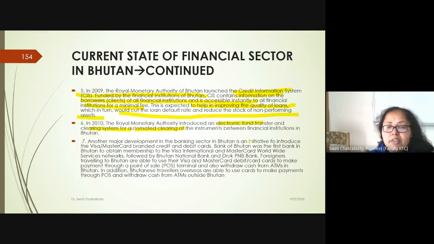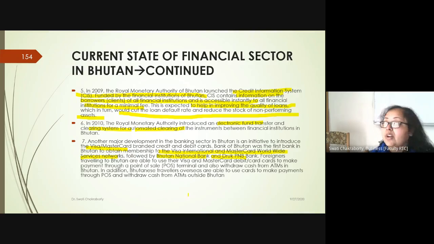Another important development in the Bhutanese banking sector is the introduction of Visa and MasterCard branded credit and debit cards. BOB was the first bank in Bhutan to obtain membership from the Visa International and MasterCard Worldwide Services Networks, followed by BNB and Druk PNB.